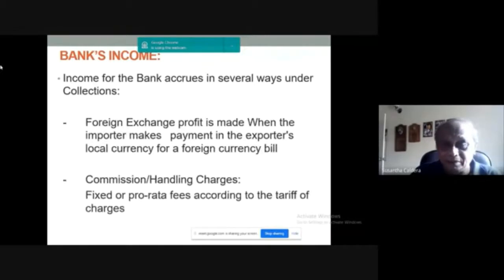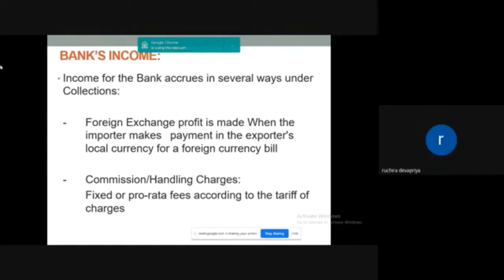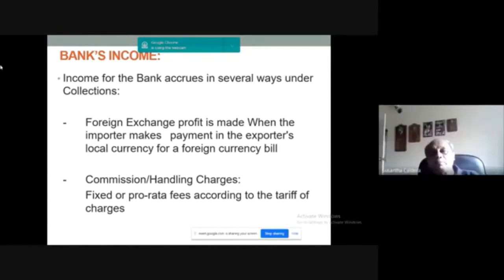Banks' income. Let's go through this. You can read. When we are doing collection, what is the income for the bank?